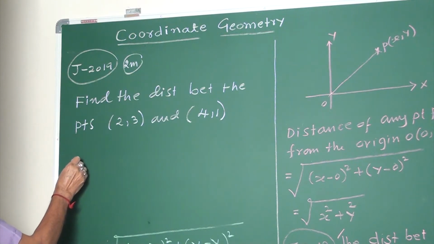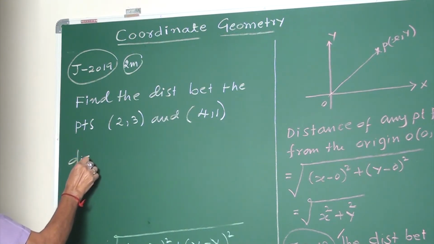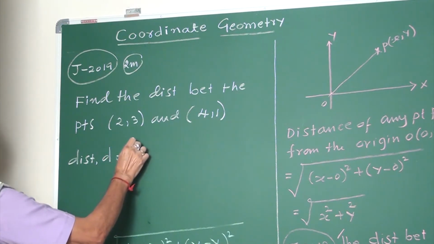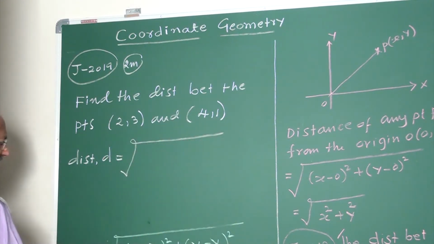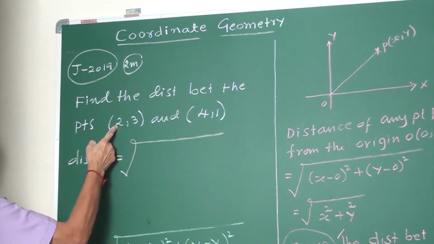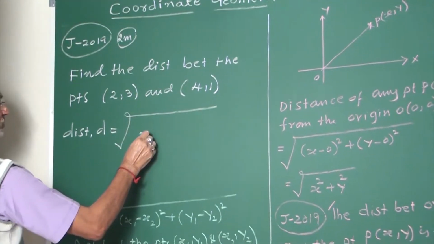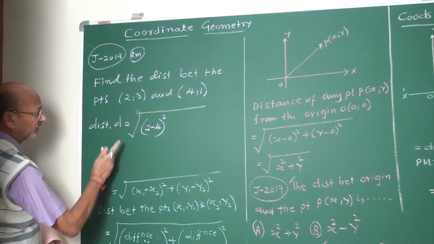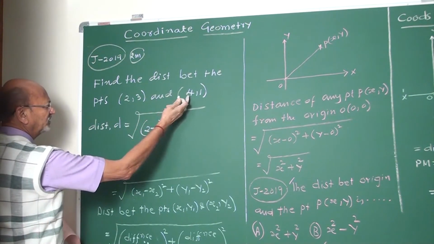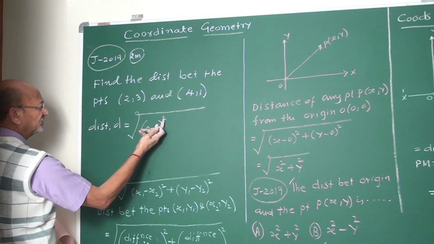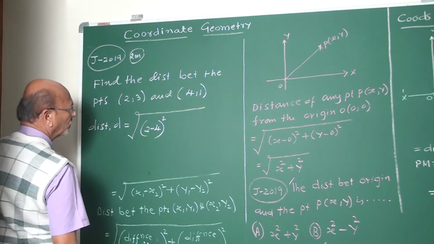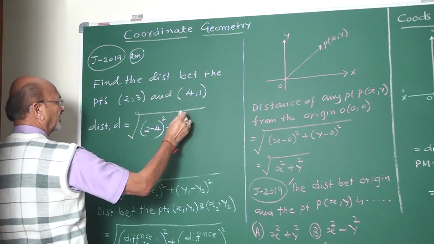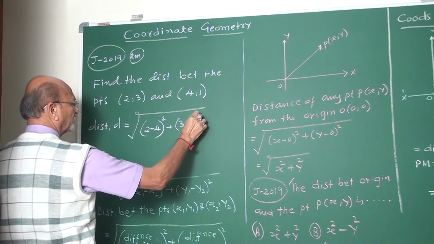Tell me, my friend, distance D equals the square root of, I take conveniently first minus second, 2 minus 4 the whole square plus, for the convenience, first minus second, otherwise second minus first, square is there, anyway it is positive only, plus first minus second, 3 minus 1 the whole square.